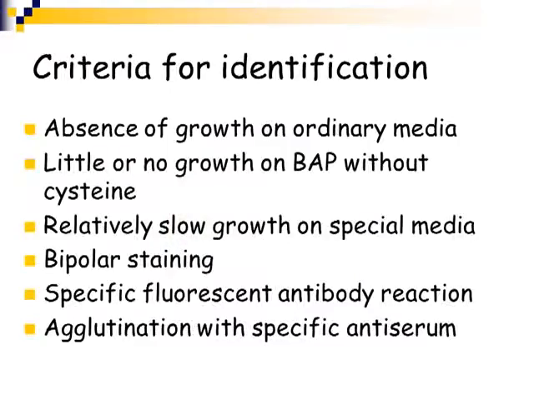Absence of growth on your typical 5% sheep blood agar and growth on chocolate agar might be an indication. It's slower growing, taking a few days to grow on media, having bipolar staining, so staining darker on the two ends than it does in the middle. You can do fluorescent antibody staining and agglutination testing.